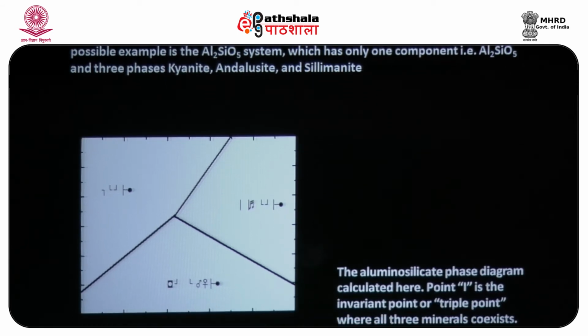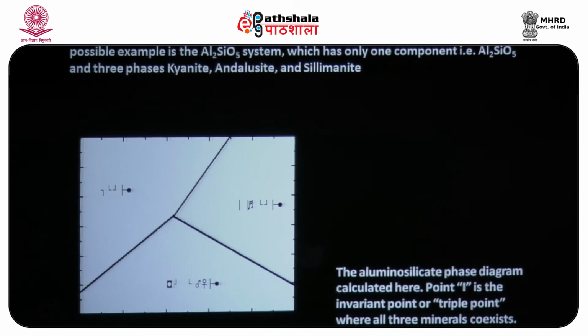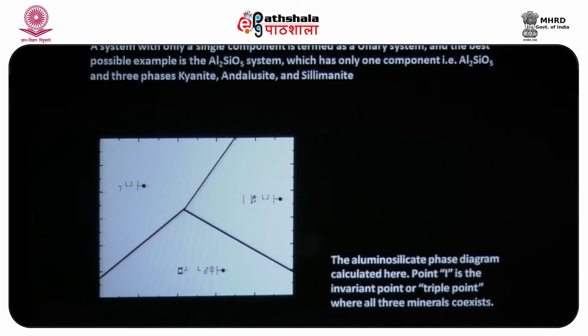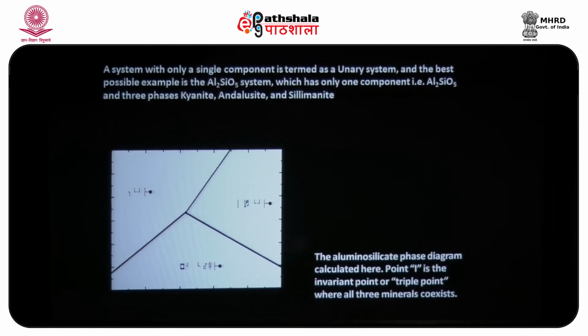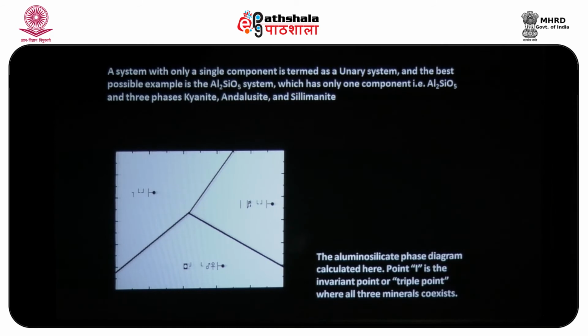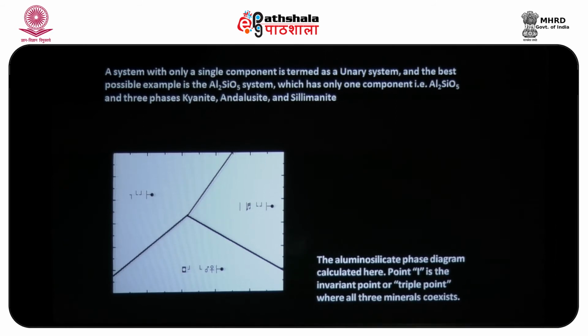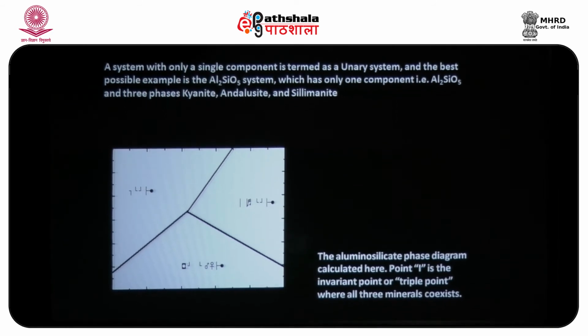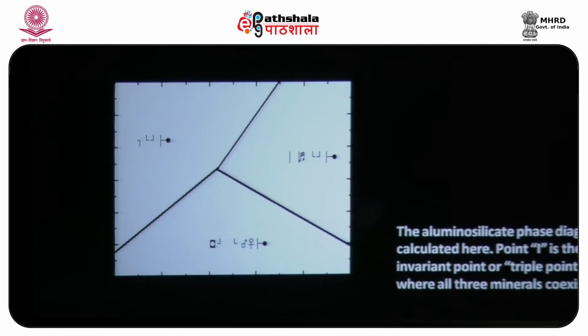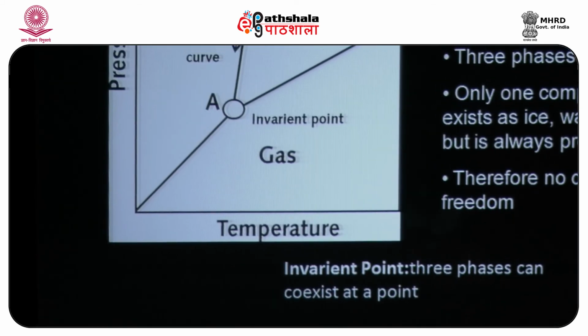So, now if I quickly review, I think it should be clear to you by now what phase diagrams are, what are components, what are systems, what are phases, how phase diagrams are constructed, what is its major application, what is its utility, what it can tell us, and always remember it only tells you the phase relationship.